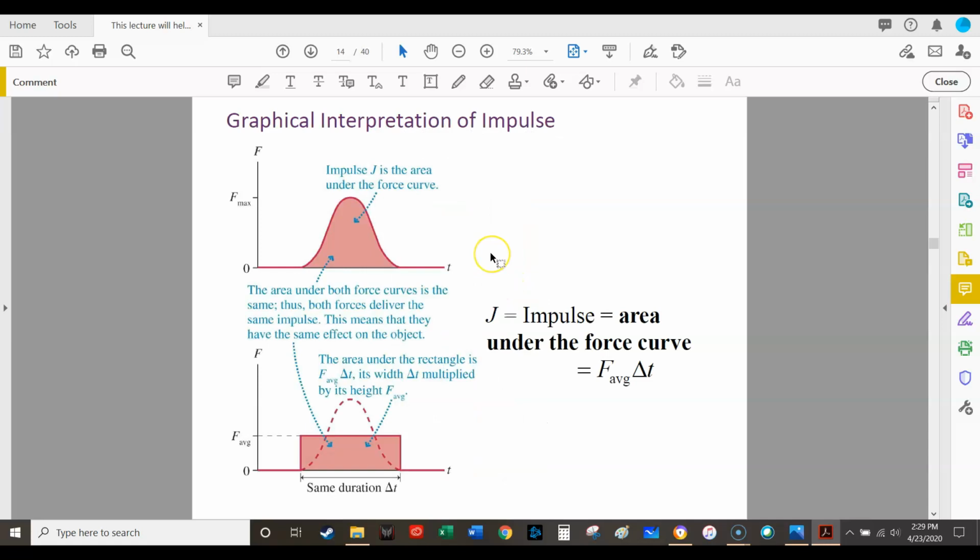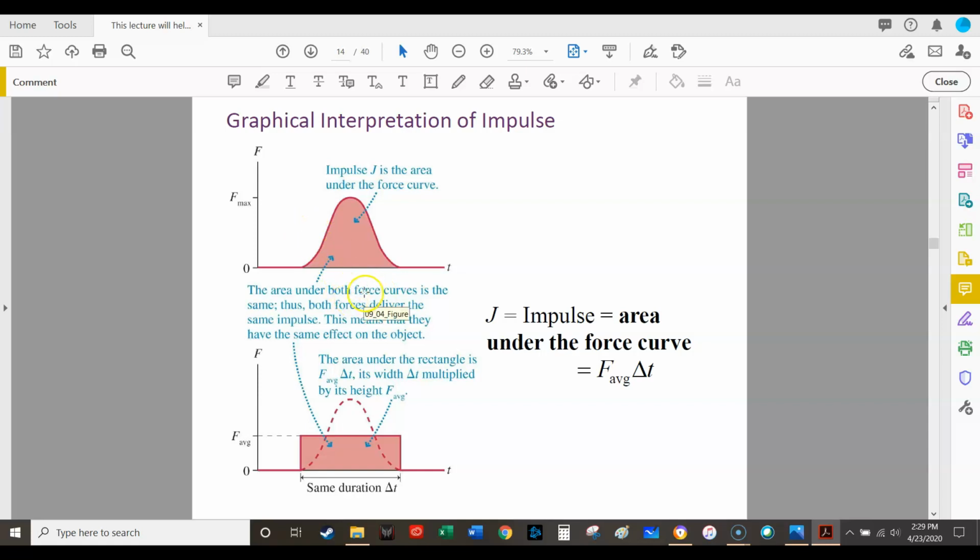Okay, there's a cool approximation that you could do. If I asked you to get the area under the curve of this, it's going to be really complicated, right? But there's a really cool approximation.